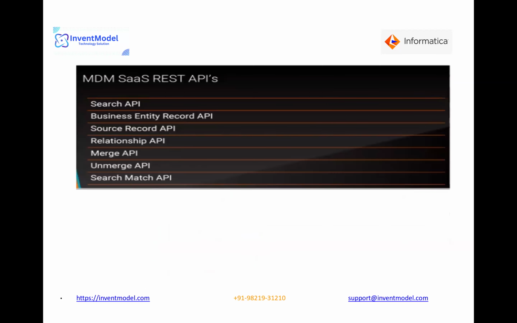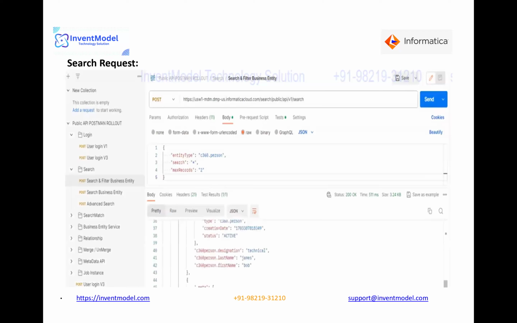MDM SaaS REST API: MDM SaaS has the following REST APIs. Today we learned about the search API only. In the previous slide I showed how we can search the entity. One more thing I wanted to tell: if we are taking data from a custom entity, we need to pass that entity without the C360, because C360 is made for the out-of-the-box entities.